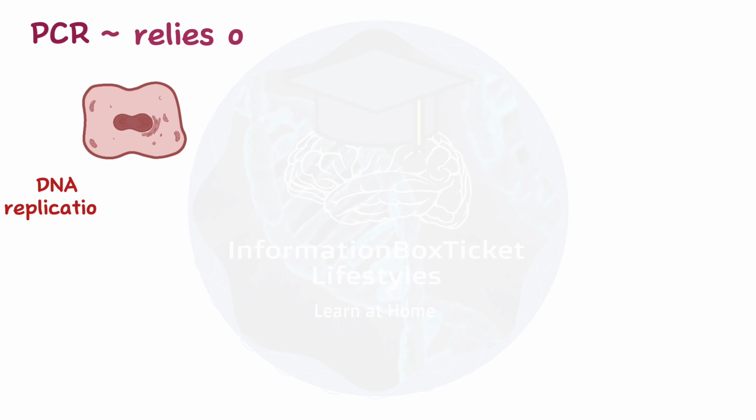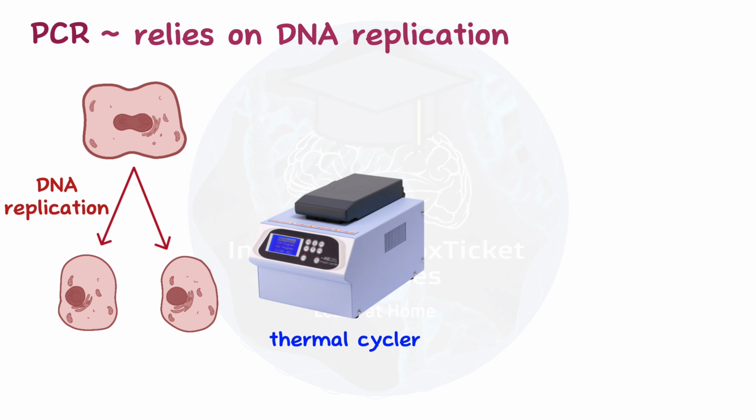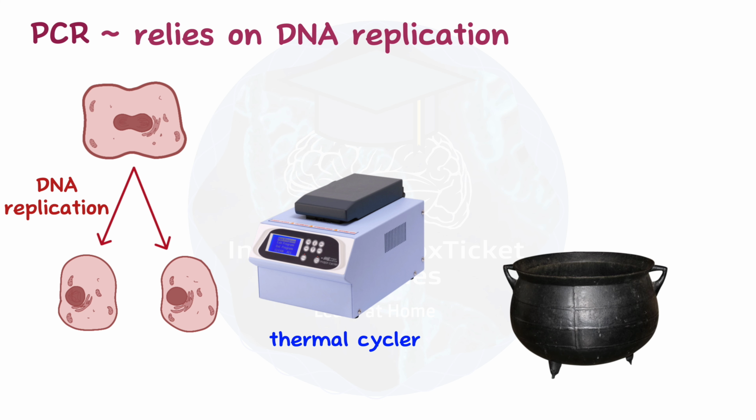PCR relies on DNA replication, the natural process our cells use to copy their genetic material before splitting into 2 identical daughter cells. First off, we need a device called a thermal cycler. That's where all the PCR action takes place. Think of it as a cauldron filled with a special solution where genetic wizards add their ingredients.